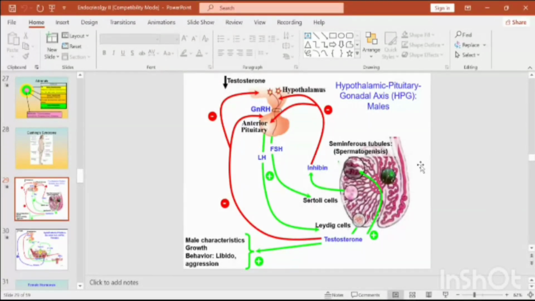And with that command, the Leydig cells will be able to secrete testosterone. And the negative feedback system continues again, and that ensures that we have a certain level of testosterone in blood.